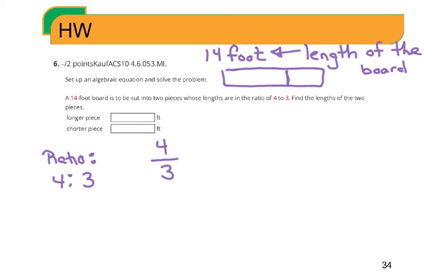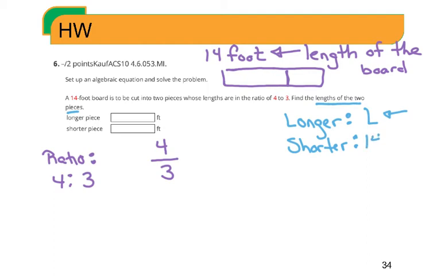So now what do we do? Well, we want to find the lengths of the 2 pieces. So let the longer piece, let's call that length L. Then what is the shorter piece going to be? Here's the tricky part. Well, if the longer piece is L feet long, see if this makes sense.